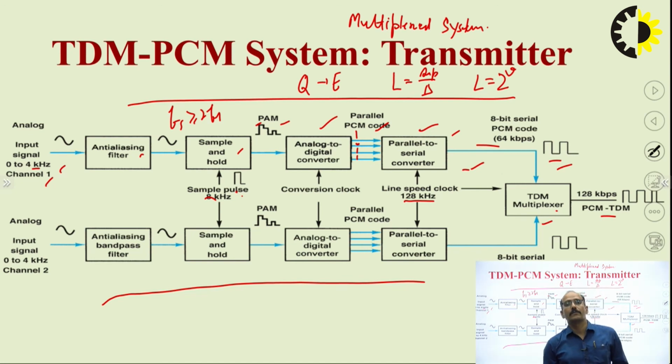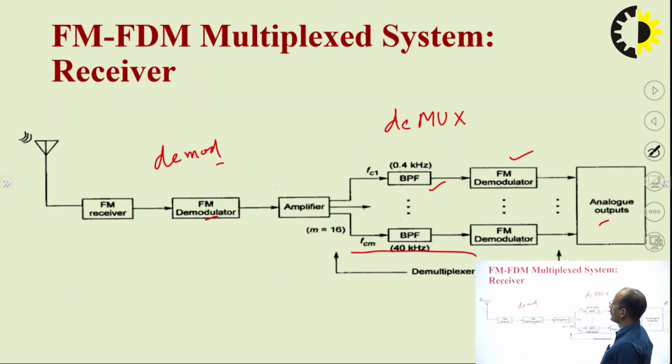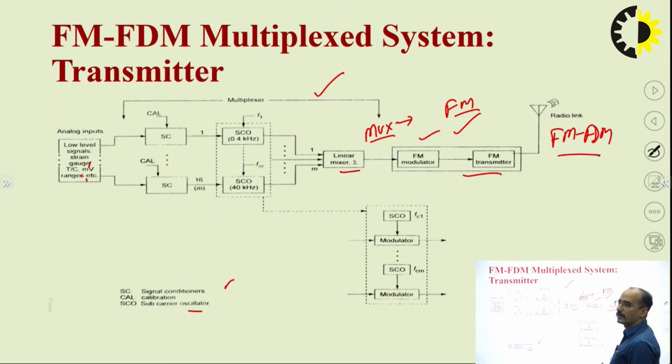For that we are using various modulation as well as multiplexing techniques. In the same procedure we use this FM-FDM multiplex system with the arrangement of analog signal processing, because for analog signals we are using FDM and FM.